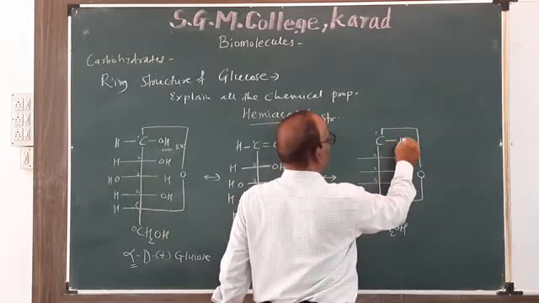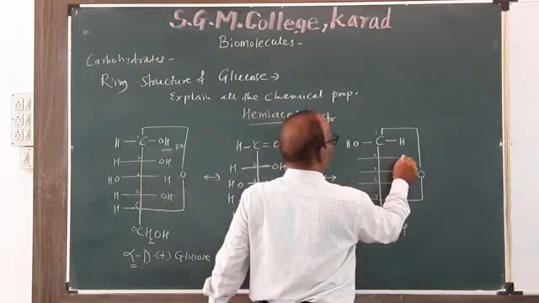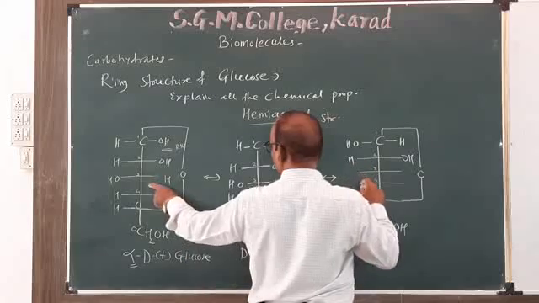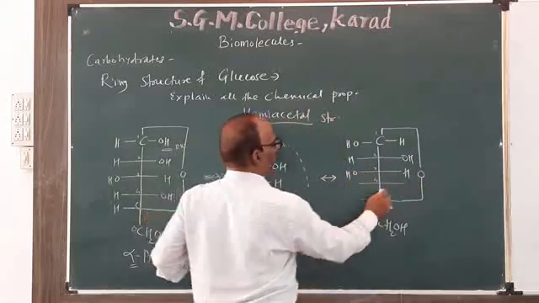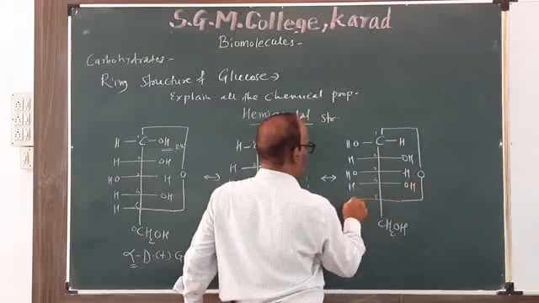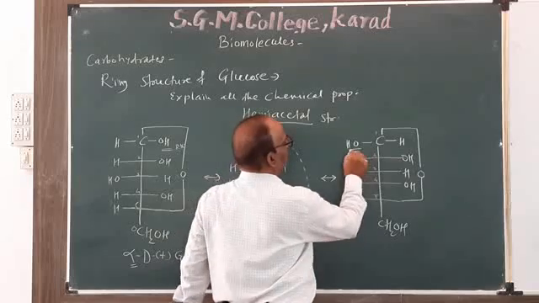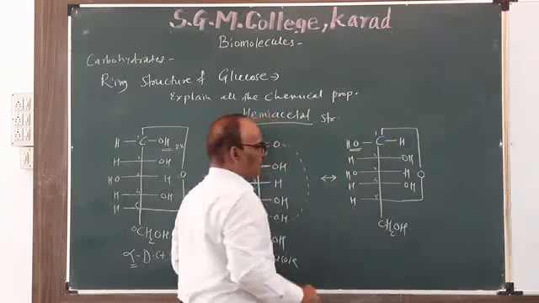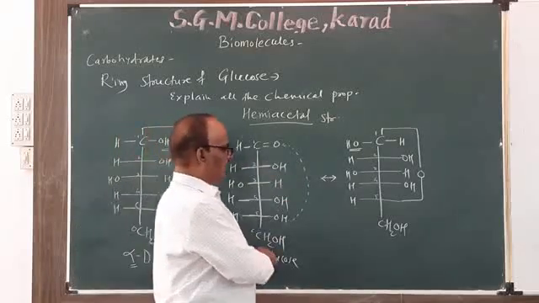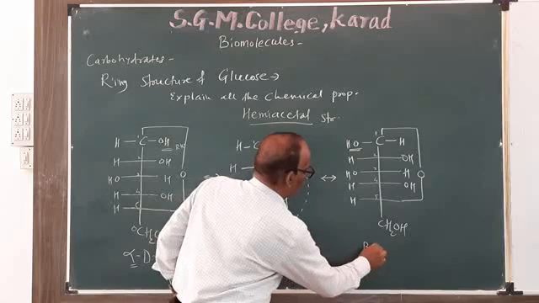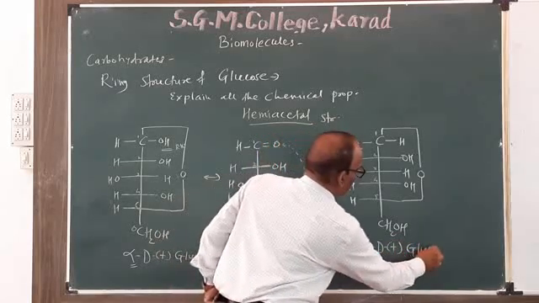Then here H on RHS, OH on LHS. The remaining part is added: OH, H, then third carbon atom, H, OH, and here H. In this structure, the only change is the OH group at carbon number 1, which is present on the left hand side. So this anomer is called a beta anomer, that is beta-D-plus-glucose.